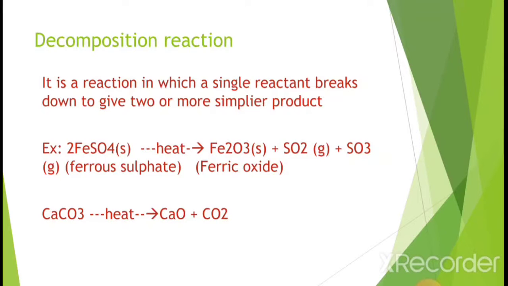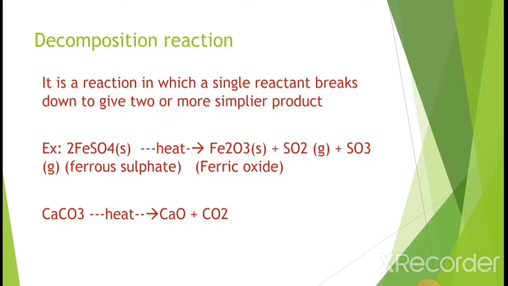Here is some example: ferrous sulfate. When it is heated, that reactant forms ferric oxide, sulfur dioxide and sulfur trioxide. So I have given iron in two forms, that is iron 2 and iron 3.